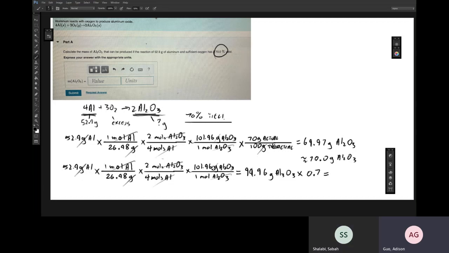And then after you do this step to get your moles of aluminum oxide, you have to turn those into grams. That's your theoretical maximum, and then you have to multiply by your efficiency or your yield. But that's it. So the answer would be 70.0.